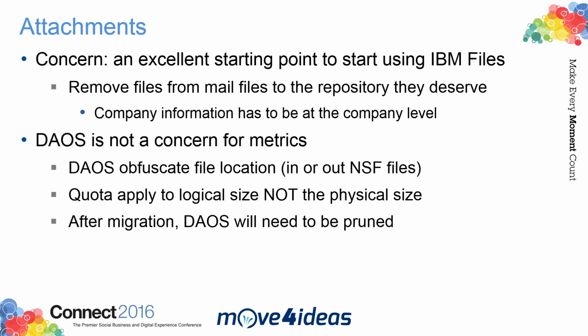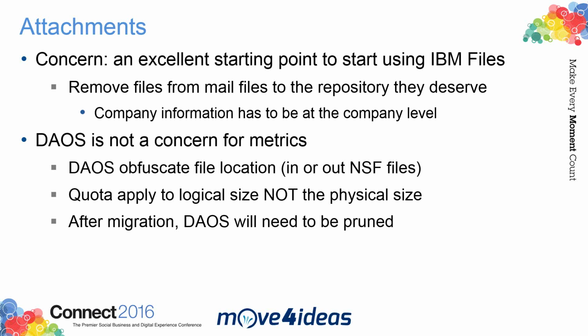My concern is I just want to move files out of mail files to the repository they deserve. So if you have IBM Connections, on the cloud or on premise, first put all the relevant enterprise data into IBM Files.